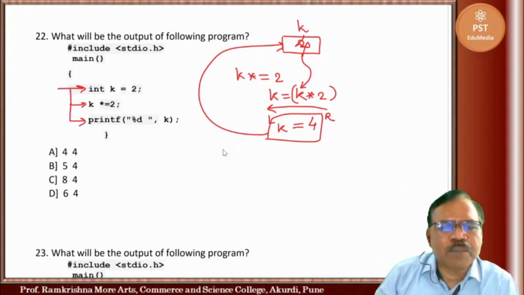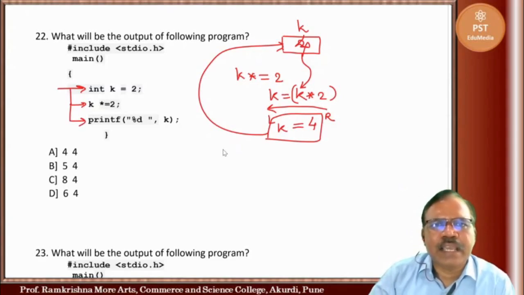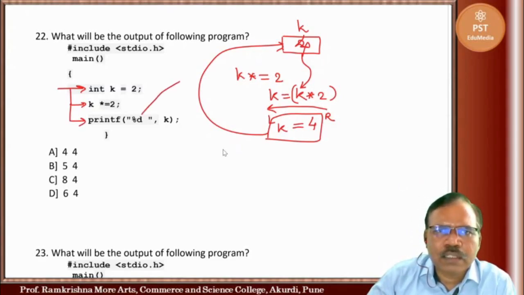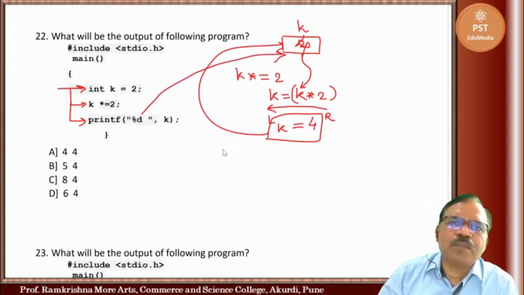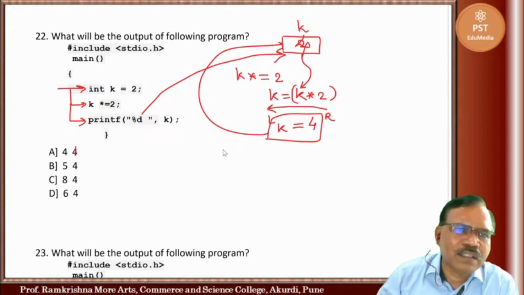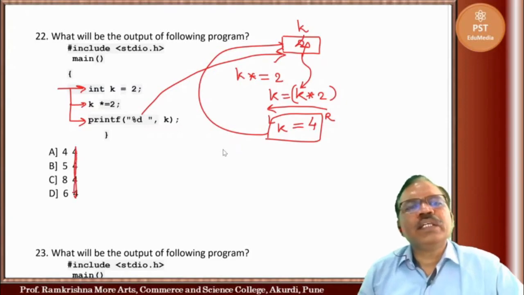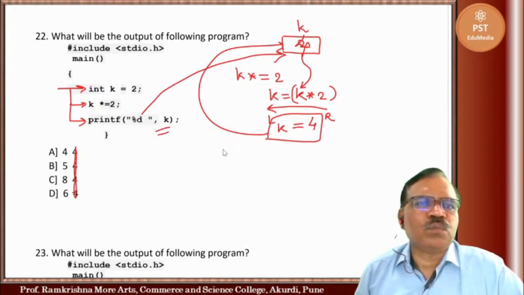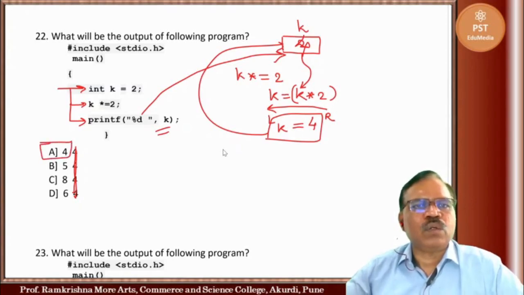When it comes to printf("%d", k), control goes to the memory location and the value of k is printed in place of %d. So 4 is printed. Here you will get k = 4.